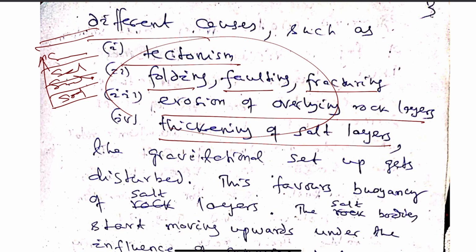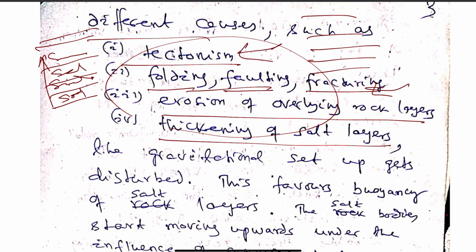Their balance is disturbed, and we see the accumulation of salt in thick quantities with thin sedimentary strata over it. This creates a condition, by tectonism, erosion, folding, fracturing, when the salt bodies are forced to move upward by their buoyancy.